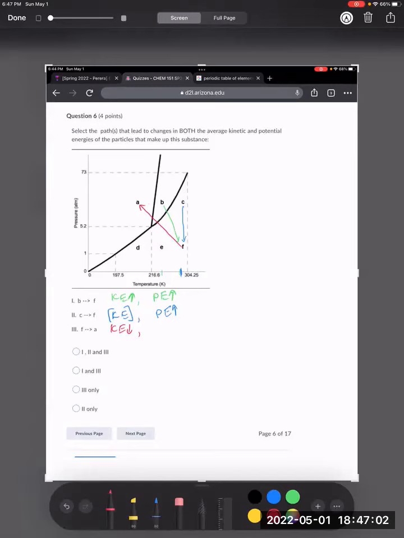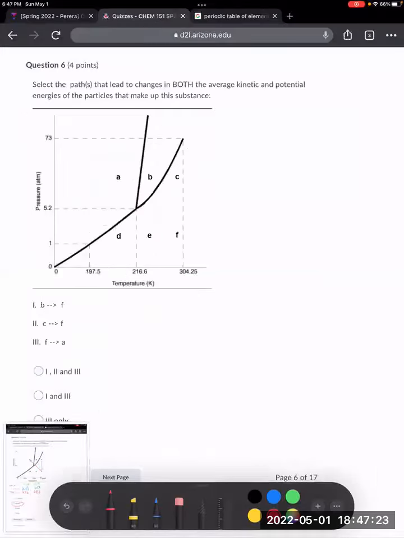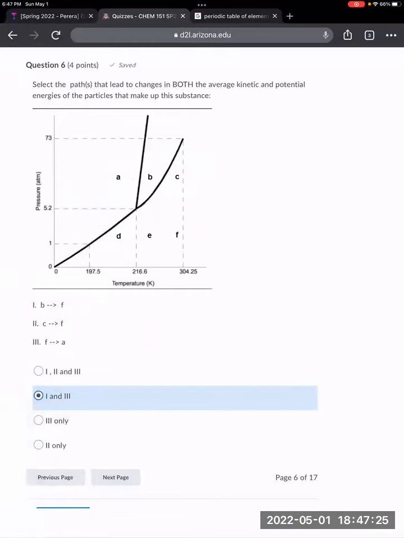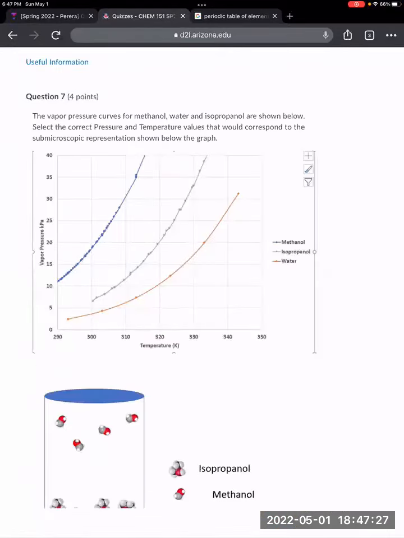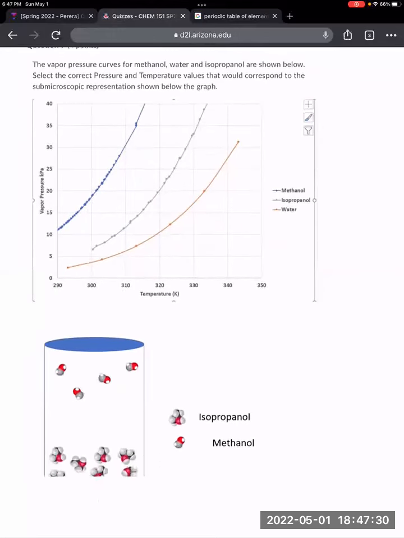Therefore, you are decreasing the potential energy. So potential energy changes. So the question is, in which processes do both kinetic energy and potential energy change? That should be process 1 and process 3. 1 and 3, that's option B. All right, let's select option B. Moving on.